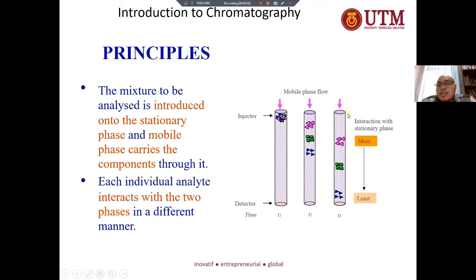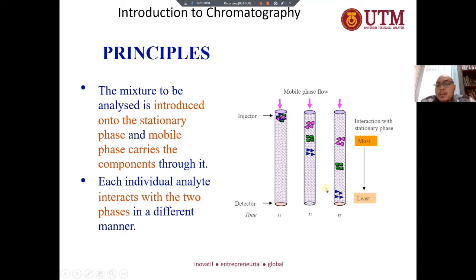So the analyte that interacts with the stationary phase the most will elute last. The analyte that has the least interaction with the stationary phase will be eluted first. It means that the analytes that love the stationary phase most will attach to it the most, and then they will elute last.